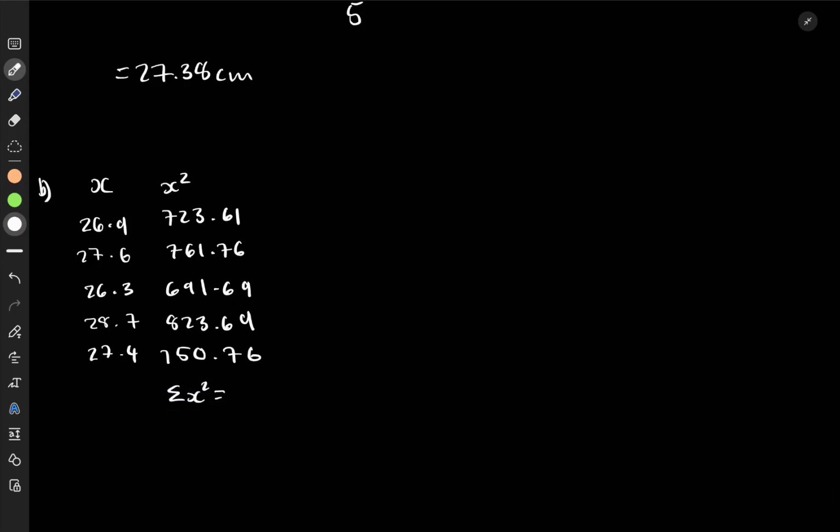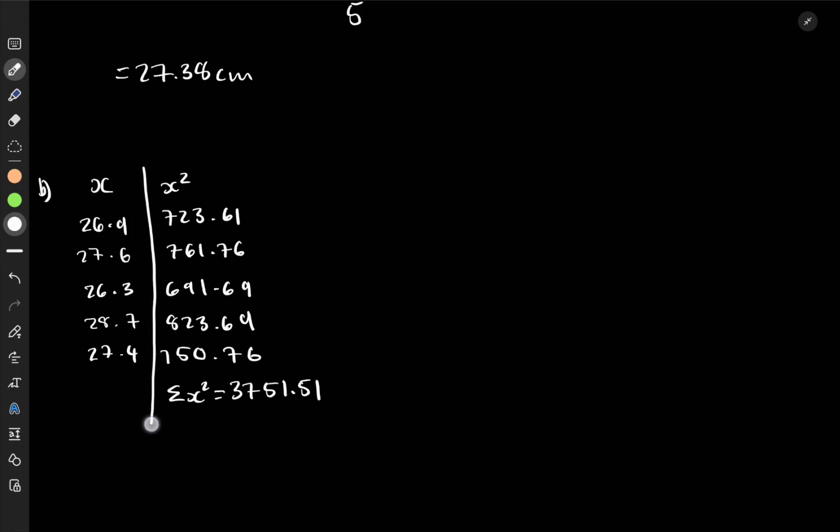Now I have my x squared values, and I can find the summation of x squared. Adding 823.69 plus 691.69 plus 761.76 plus 723.61 and the rest, I would get 3,751.51.